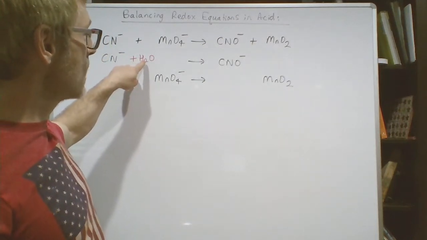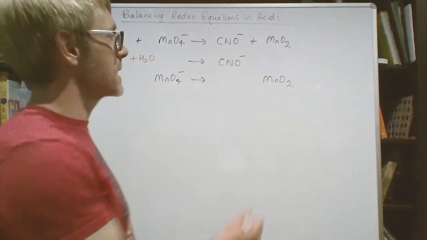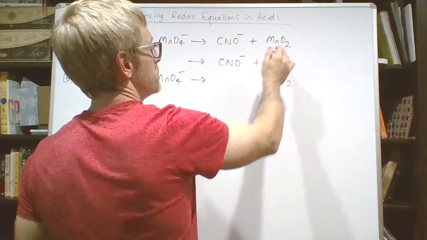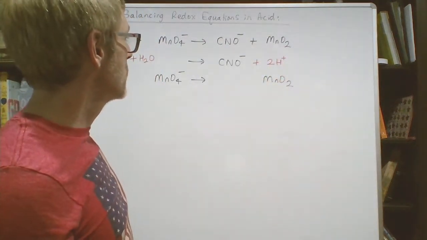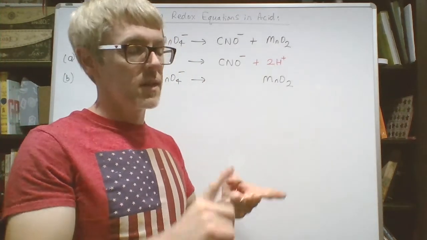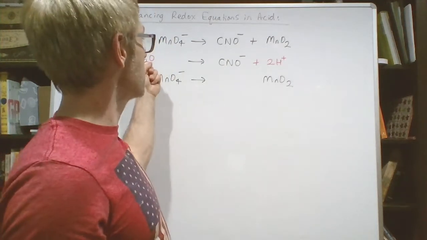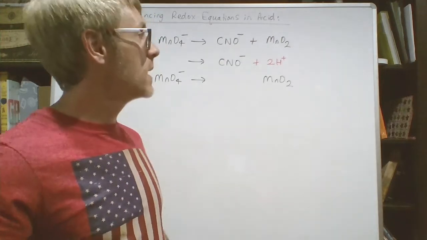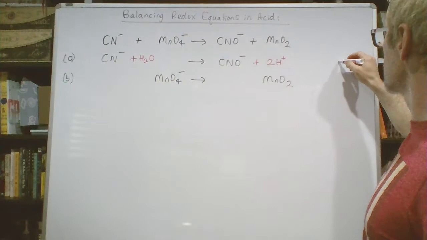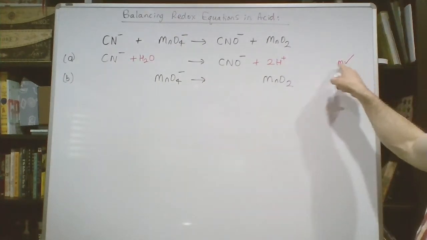So I added 2 hydrogens here because I needed the oxygen from water. So I go back and I counterbalance with 2 protons. So now everything is balanced. I balance the non-oxygens and hydrogens first, then I balance the oxygen with water, and then finally I counterbalance the hydrogens with H+. And at this stage, I like to recommend to my students they write mass, and they give it a little check mark so that they know in an assessment, hey, I've gone in and checked the mass.